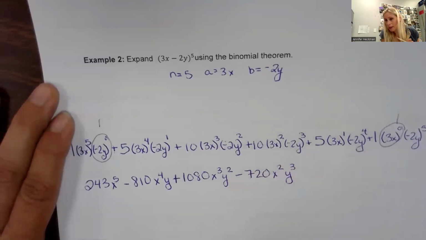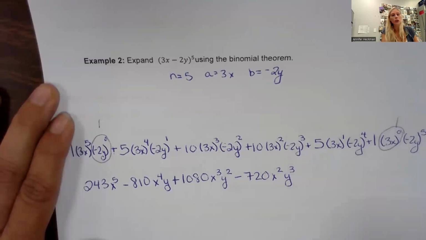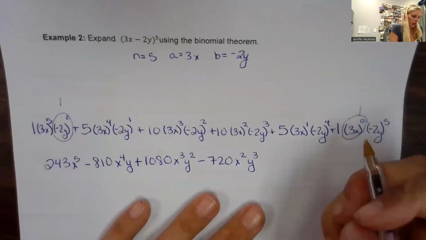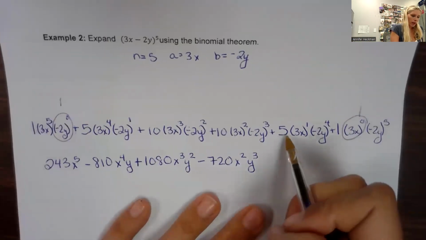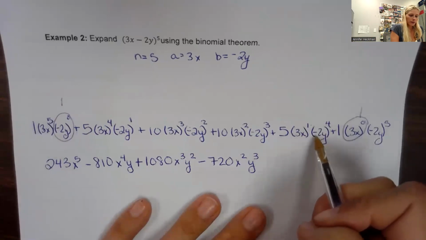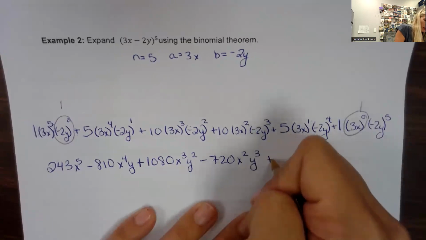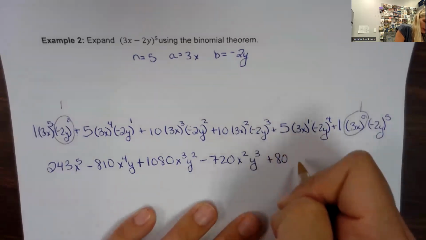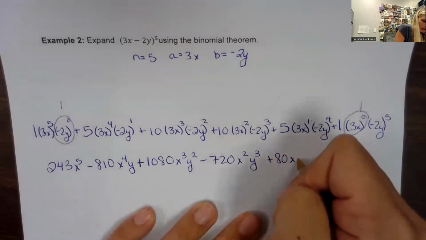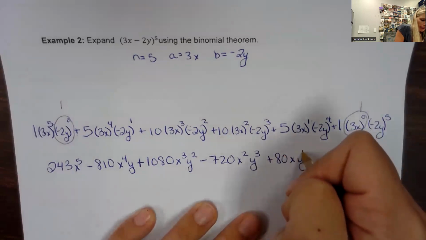Again, I'm not doing this math in my head, guys. I did it ahead of time. I'm just trying not to have too much time on the video. We have 5 times 3 to the 1st times negative 2 to the 4th. That gives us a positive 80 x to the 1st, y to the 4th.